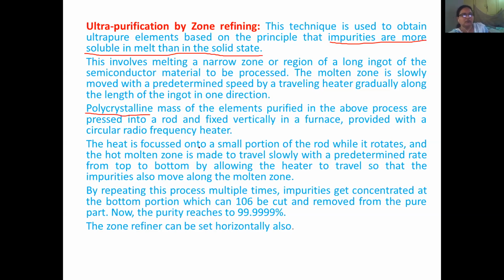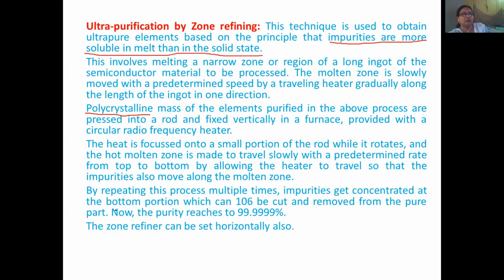The heat is focused onto a small portion of the rod while it rotates, and the hot molten zone is made to travel slowly with a predetermined rate from top to bottom by allowing the heater to travel, so that the impurities also move along the molten zone.